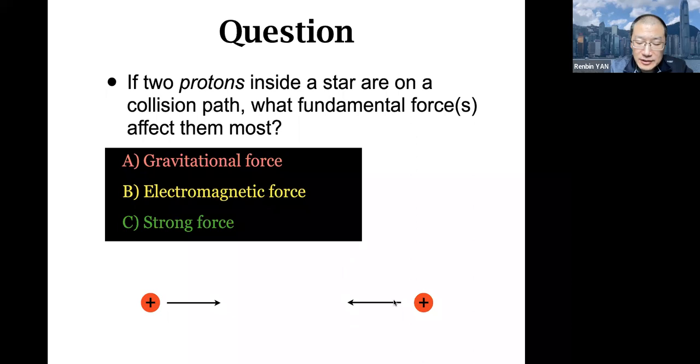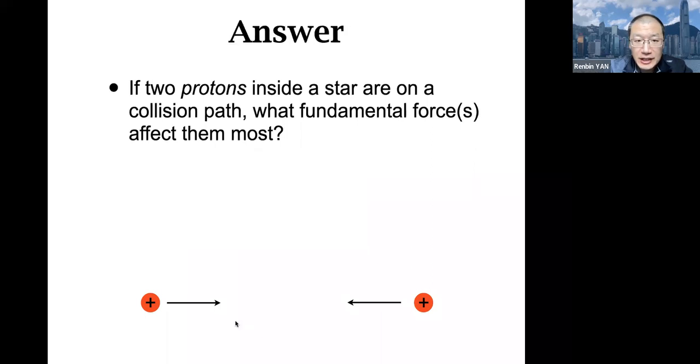The force dominating the process when the 2 protons are at large distance is the electric force between them, and that is a repulsive force because they have the same charge. So if 2 protons are on a collision course, what affects them most at first is the electric force.